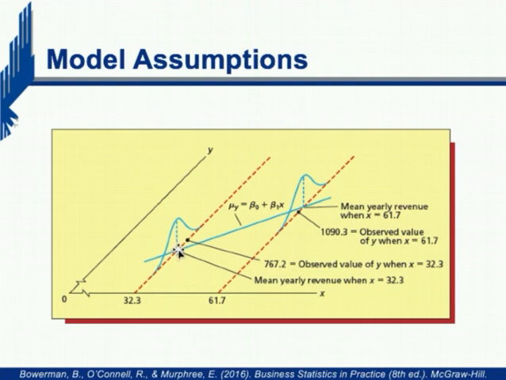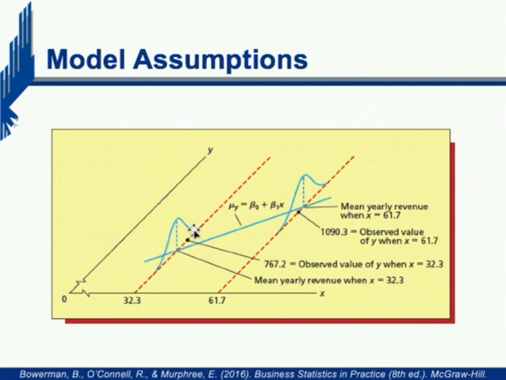It's possible that the actual value for y is not equal to the average, because there are multiple values for y. Sometimes it's lower, sometimes it's bigger than the average, but the assumption is that it follows a normal distribution.